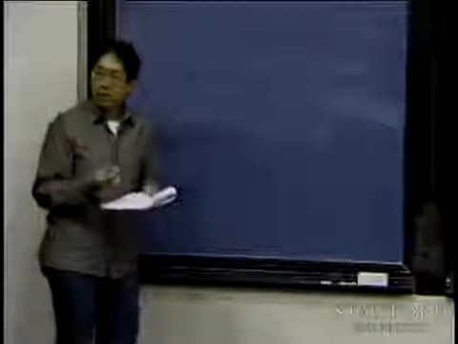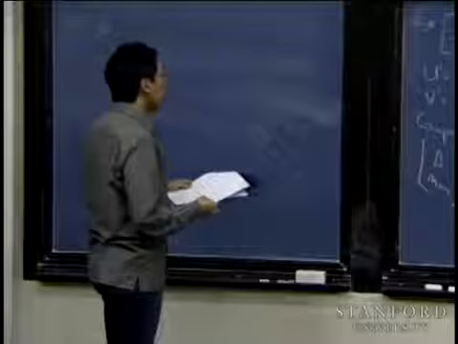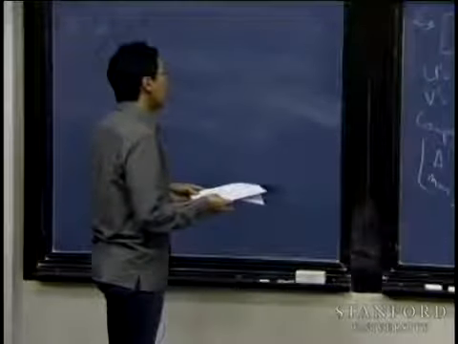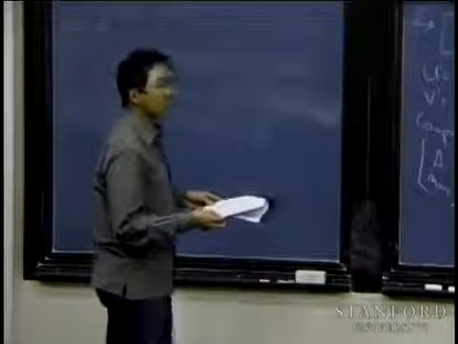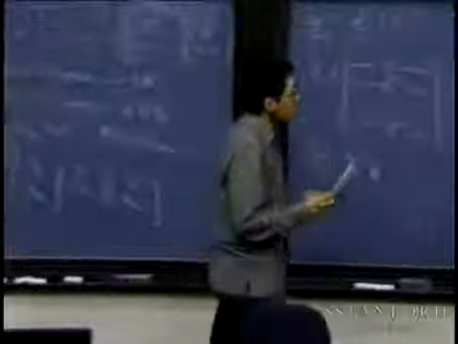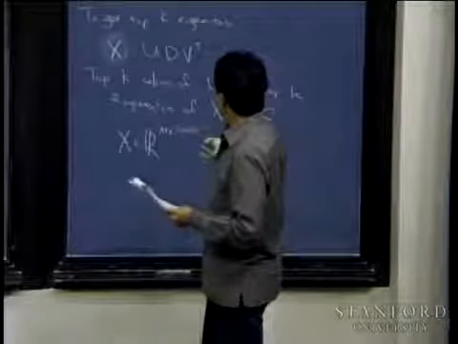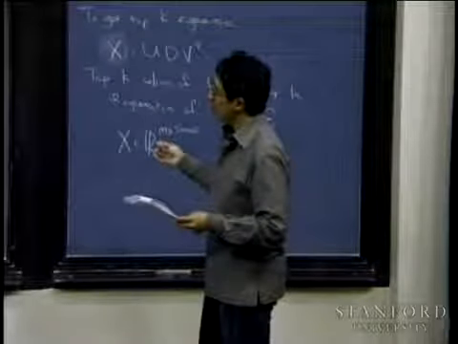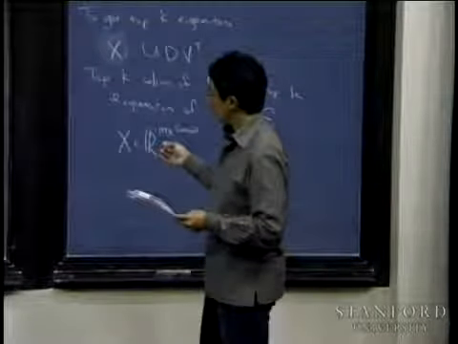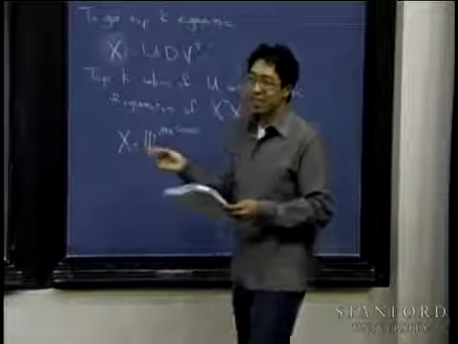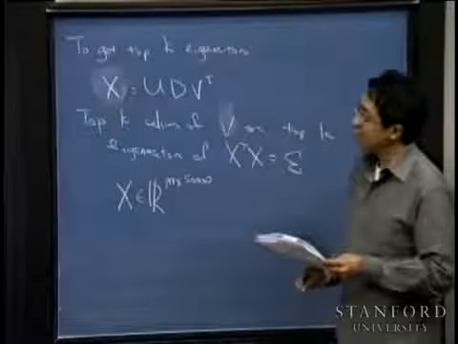Sorry, just a quick question. Is it the top k columns of U or V, because X transpose X is V D V transpose, right? Oh, let's see. Oh yes, I think you're right.